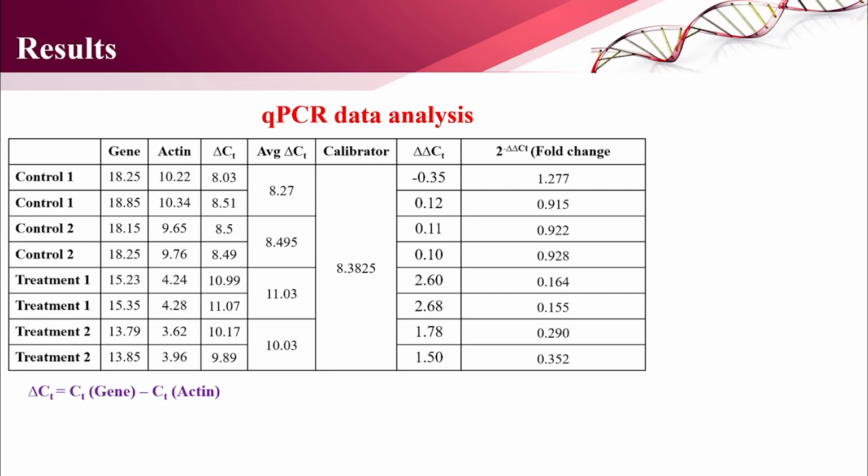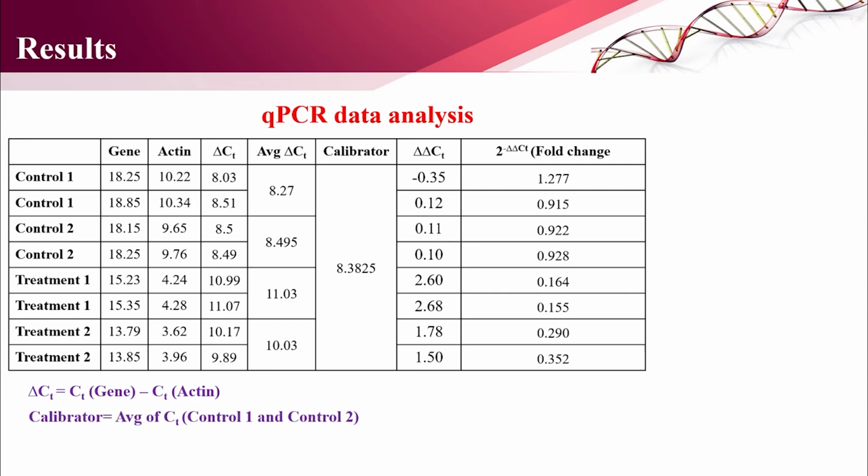For example, if there are two technical replicates, as I mentioned before, control 1 and control 2, they are not biologically different, they are just technical replicates. So we take the average of these two, and we measure the average delta CT of each control.